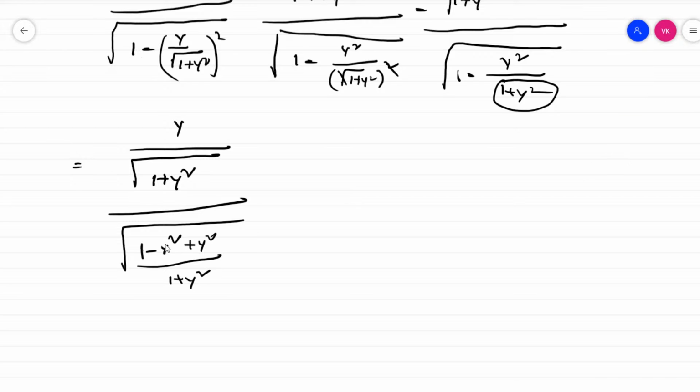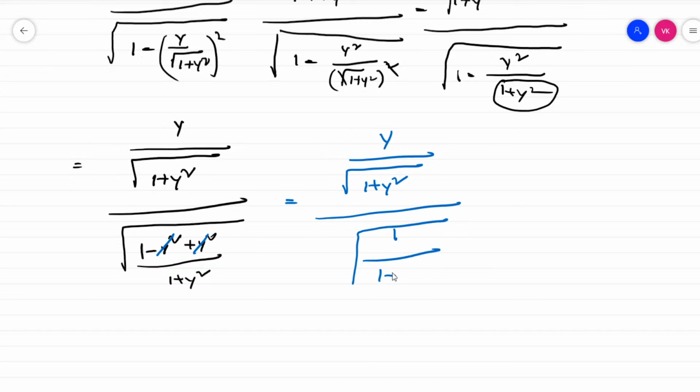While simplifying, we will cancel the minus y square and plus y square, and we will get a 1. y by square root of 1 plus y square whole by 1 square root of 1 by 1 plus y square. Now again we write the same step, 1 plus y square.